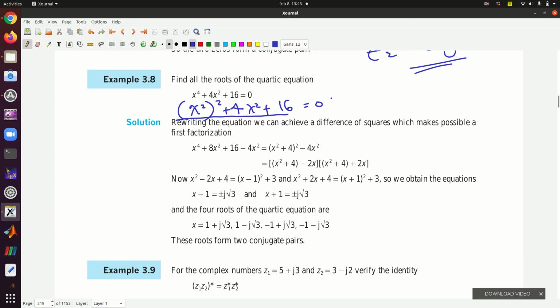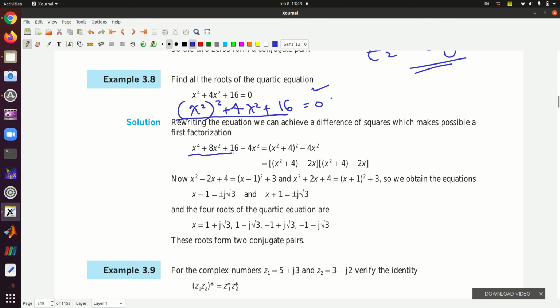Maybe it may work, maybe not. Let me write it here.